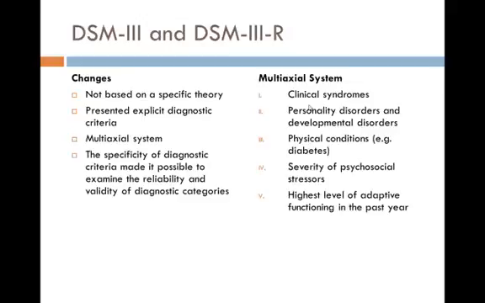Additionally, with the DSM-3R, it became more of a multi-axis system, which is what we use today, the axis 1, 2, 3, and 4. And so we'll talk a little bit later about the multi-axis system.